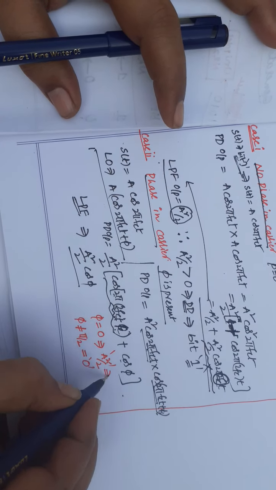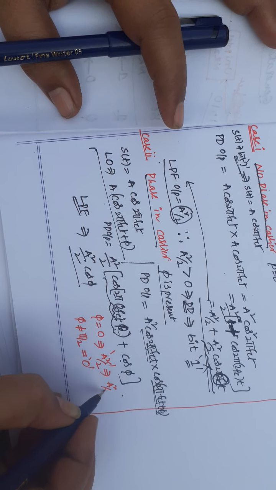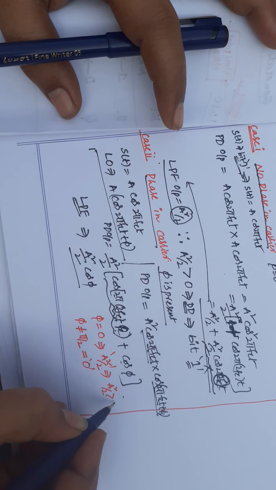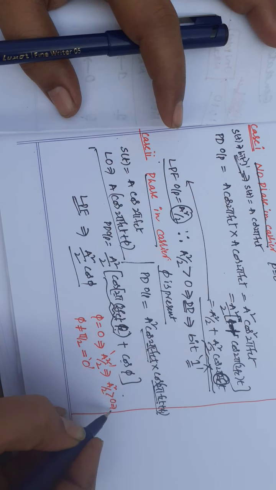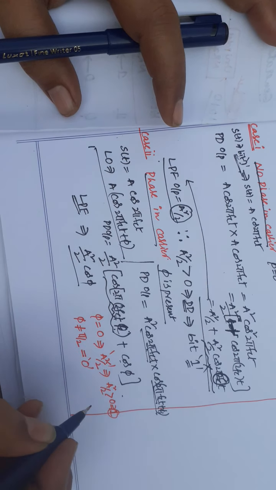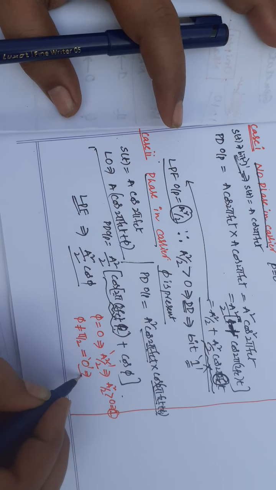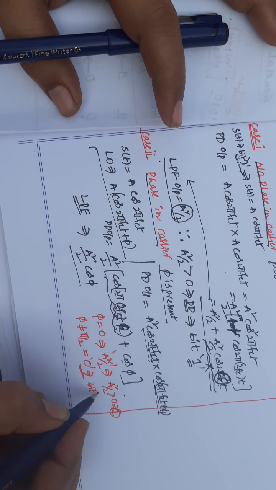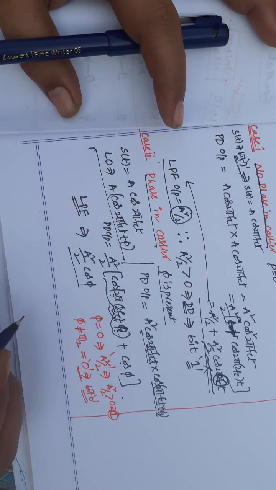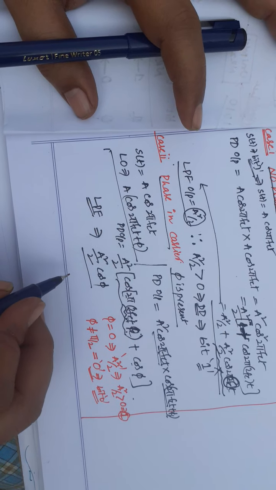For the first case, A squared by 2 is greater than 0, so the decision device produces bit 1. But in the second case it is unable to, and it produces bit 0.